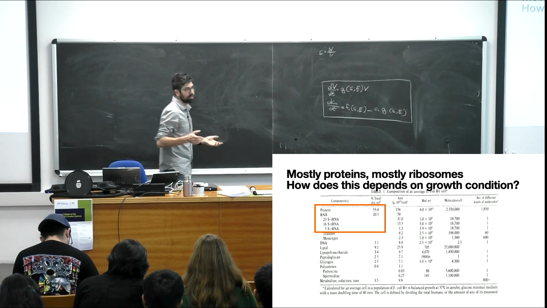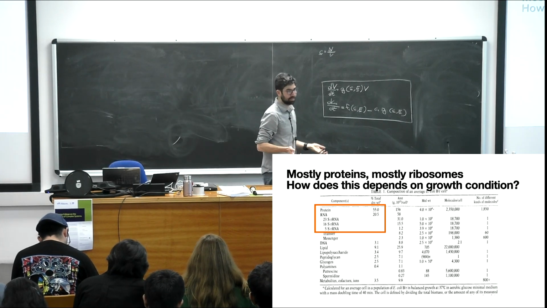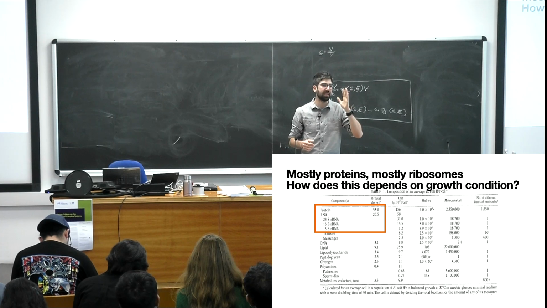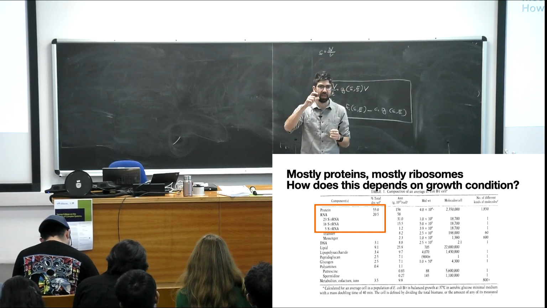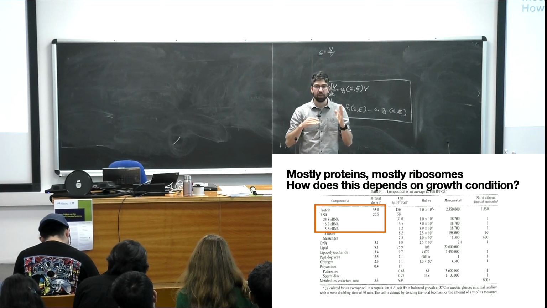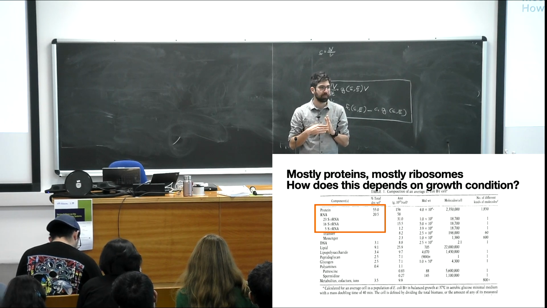Now you want to make a plot. On the y-axis, we can measure, for instance, RNA to protein: how much RNA over proteins you have. What do we put on the x-axis? We have many conditions.